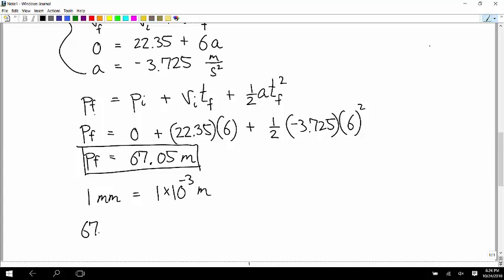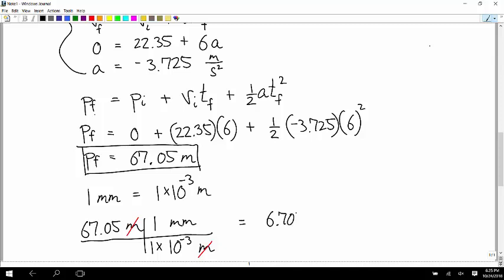And so 67.05 meters multiplied by 1 millimeter over 1 times 10 to the minus third meters. And the meters cancel. And you get 6.705 times 10 to the fourth millimeters.